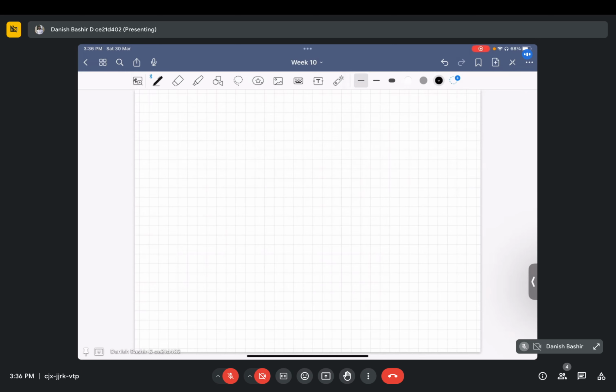First, the velocity pattern u of s can be calculated using N1 and N2, the shape functions, with u1 and u2. We know the shape functions, so it will be equal to (1 minus s)/2 times u1 plus (1 plus s)/2 times u2.